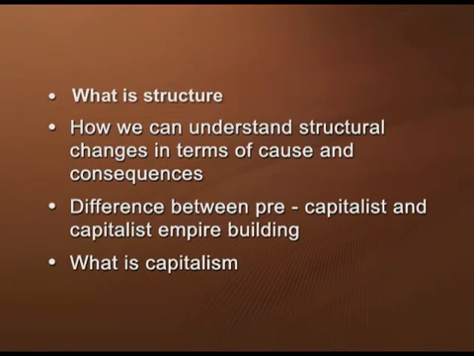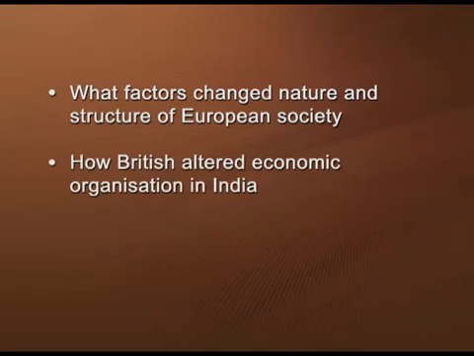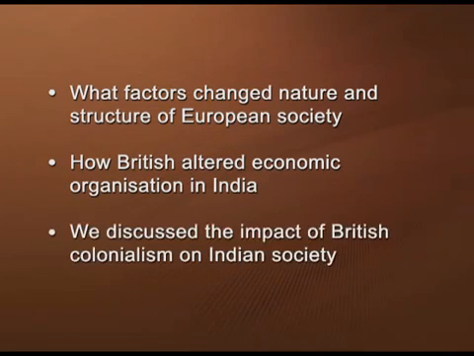We also discussed what factors changed the nature and structure of European society and led to the establishment of modernity. Subsequently, we discussed how the British altered economic organization in India. We discussed the impact of British colonialism on Indian society, economy and polity. In the next part of this chapter, we shall discuss the process of urbanization and industrialization in detail.